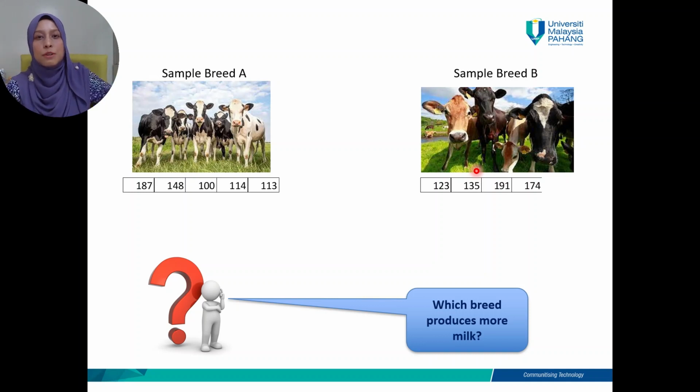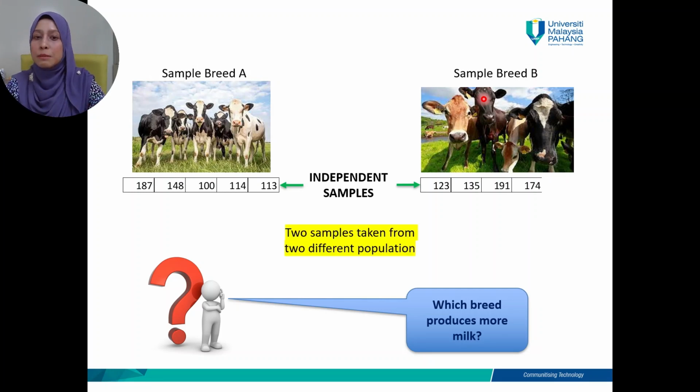They were collected from two different populations. This is from population breed A, this is from population breed B. So therefore, this is called independent samples, which is two samples taken from two different populations. So in this case, we categorize these samples as independent samples.